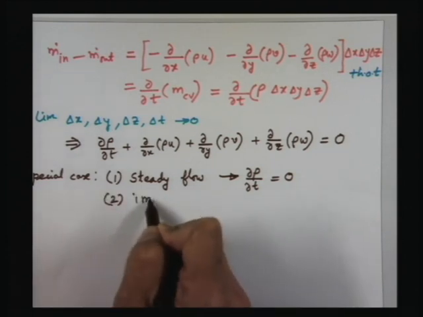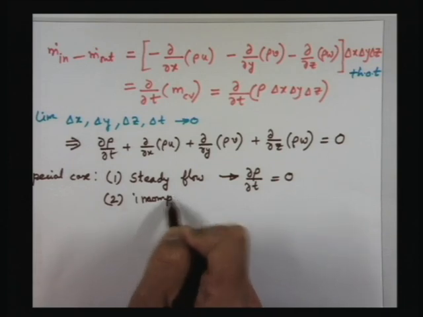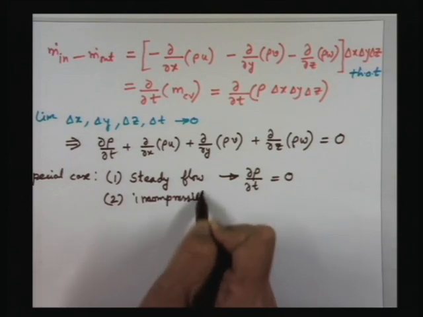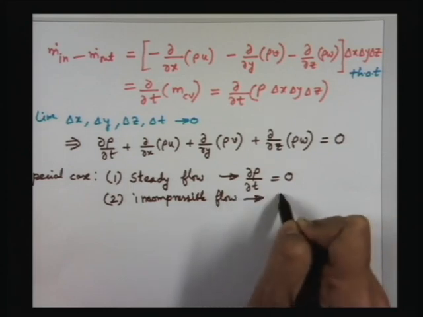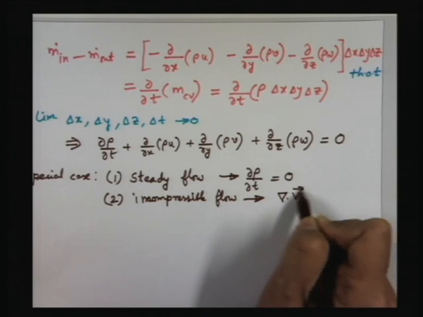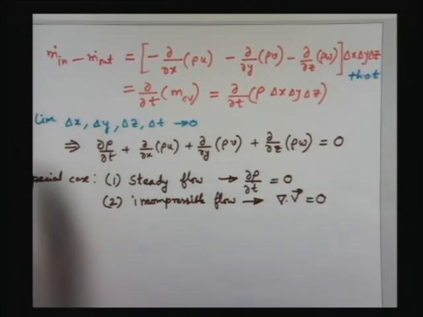Incompressible flow. We have already derived this divergence of velocity equal to 0. Again, that doesn't mean that rho is a constant, which follows from this equation. Now, let us consider a very special case.